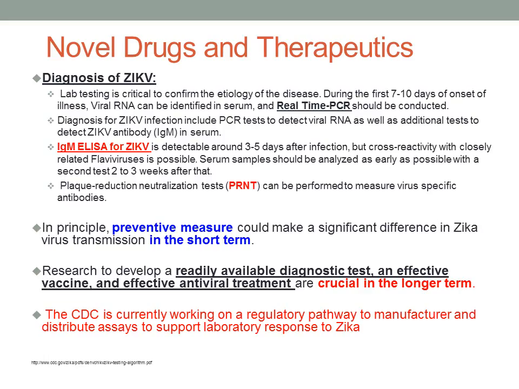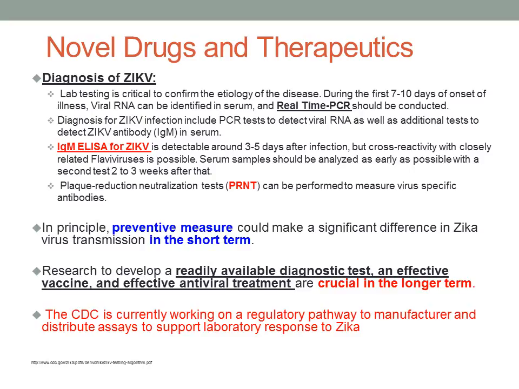Testing is critical to confirm the etiology of the disease, especially during the first 7 to 10 days of onset of illness. Viral RNA can be identified in serum, and real-time PCR should be conducted. Diagnosis for Zika virus infection includes PCR tests to detect viral RNA, as well as additional tests to detect Zika virus antibody in serum.